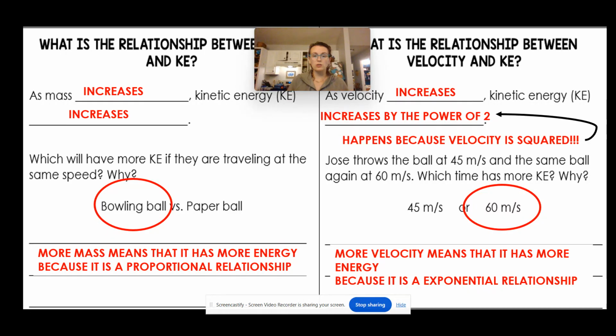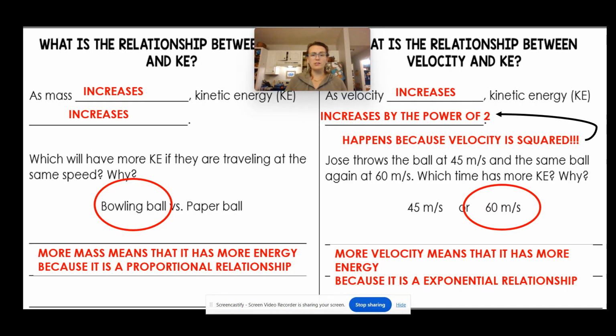So the things that we need to know right now is, 1, the relationship between mass and kinetic energy. As we increase mass, kinetic energy rises the same. However, when we look at our relationship between kinetic energy and velocity, as we increase velocity, kinetic energy rises up even more.